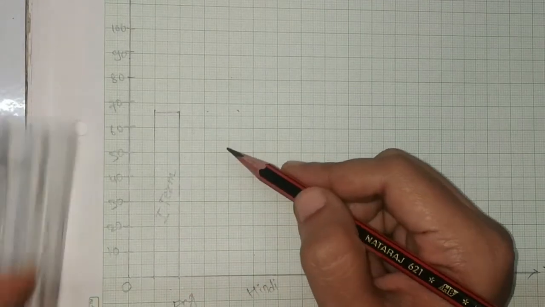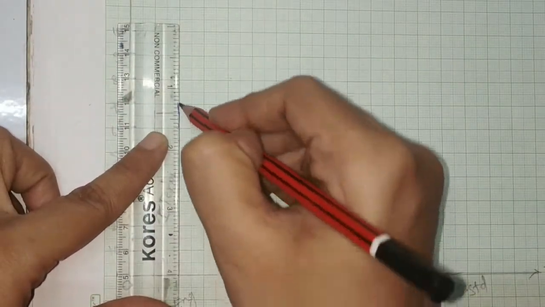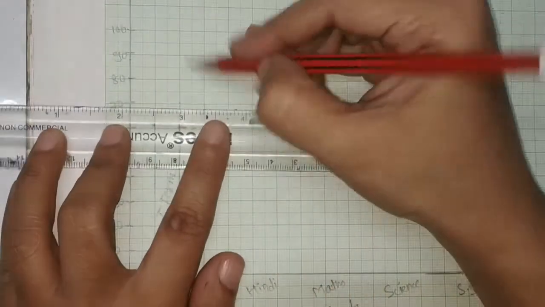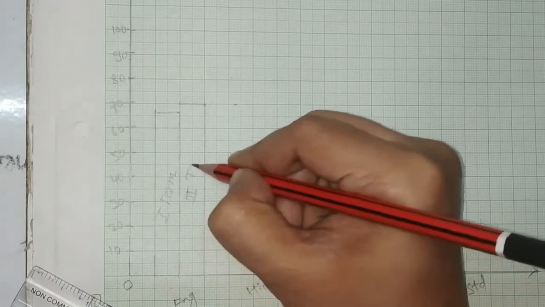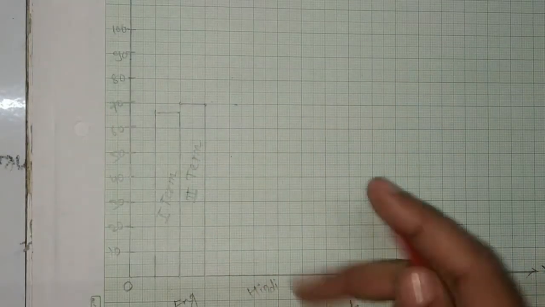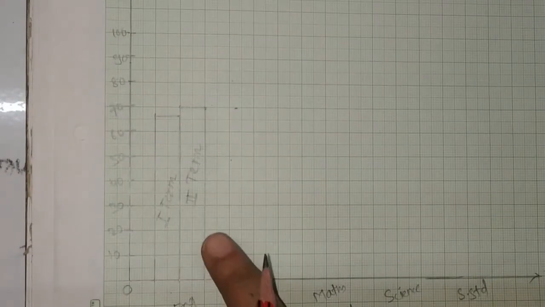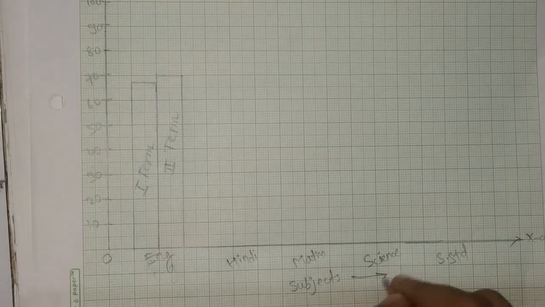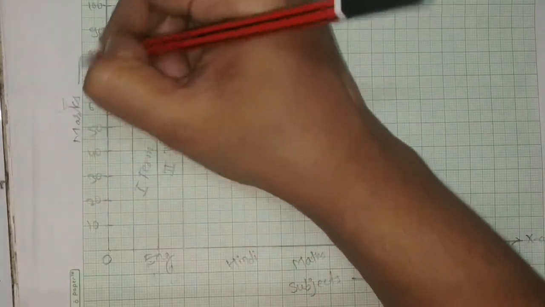And then next he got 70, which means his performance improved. So this is going to be 70. This is for the second term. So this is the data for the first term and second term. These are subjects on the x-axis and these are marks on the y-axis.